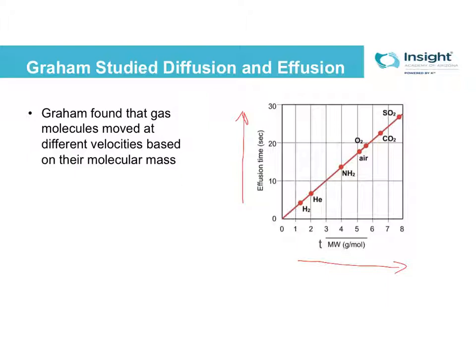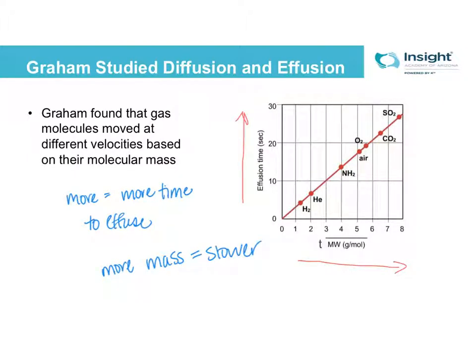More mass equals more time to effuse. Let's say all of these gases are trying to go 10 feet. The more mass the gas has, the more time it takes to go that 10 feet. So more mass means slower.